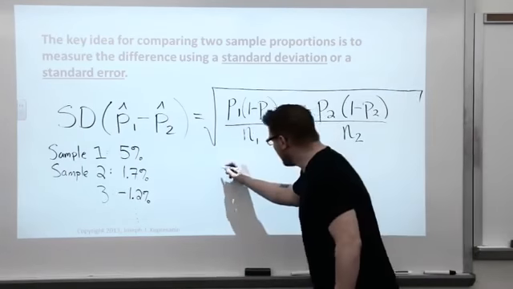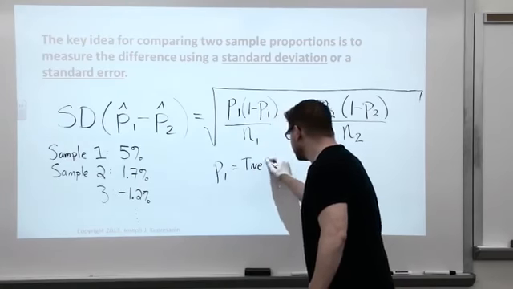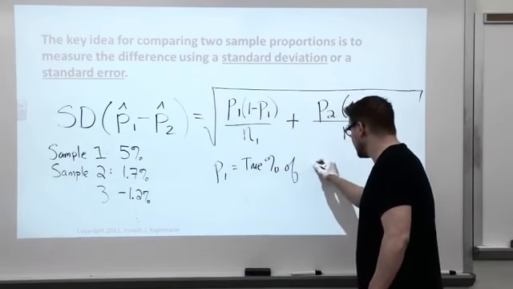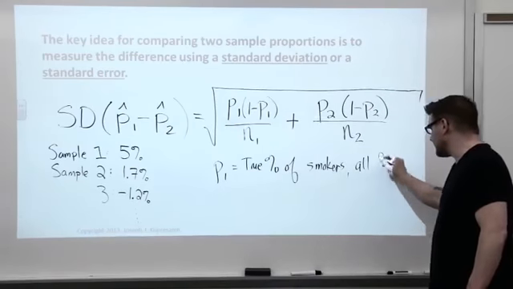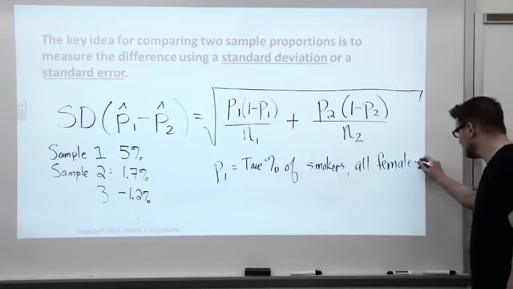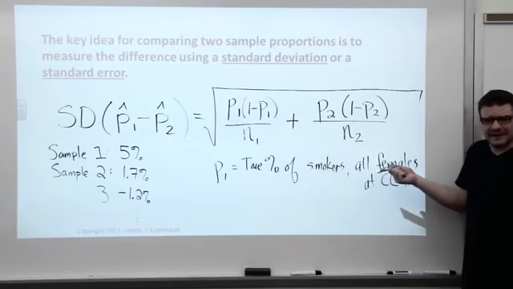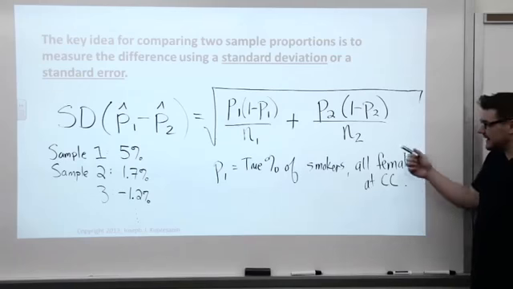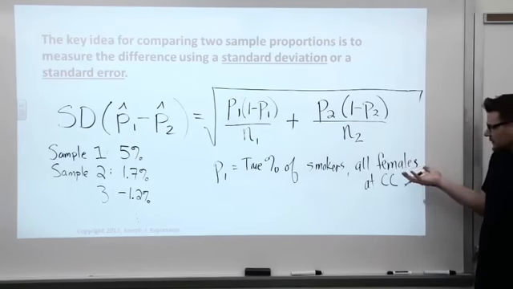This P1 would be the true percentage of smokers for all females at Cecil. I won't know that. This is sort of the population that I'm investigating. And the P2 would be the true proportion of smokers for all the males at Cecil.